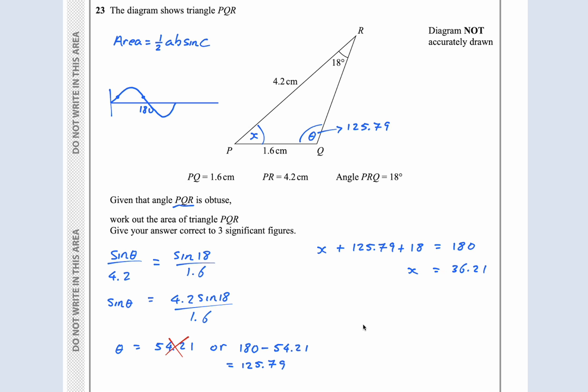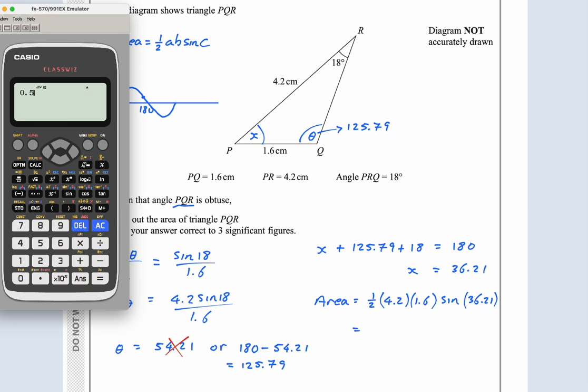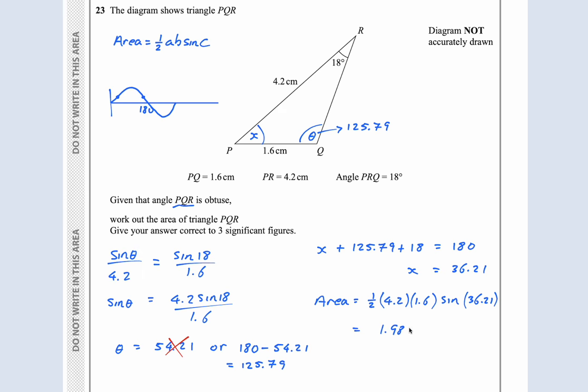And now that I have x, I can do my area. My area equals a half this times sine of this, 4.2 times 1.6 times sine 36.21, and this gives me 0.5 times 4.2 times 1.6 times sine 36.21, 1.9849, three significant figures, therefore 1.98.